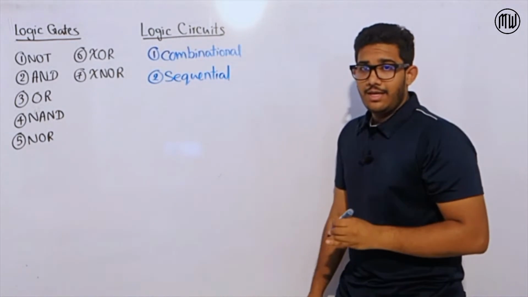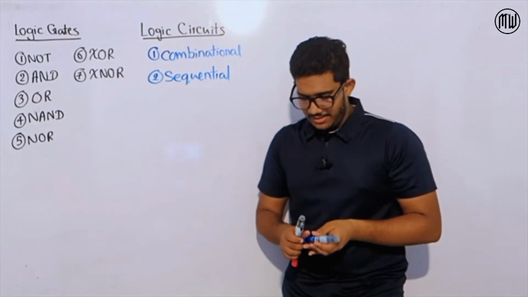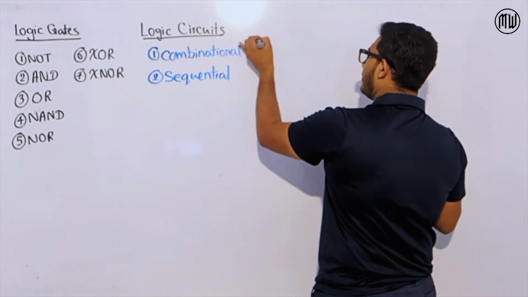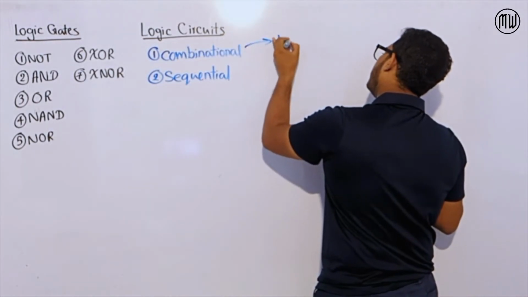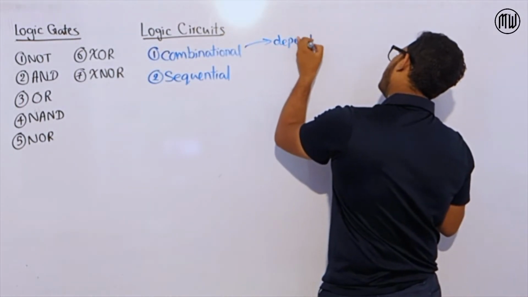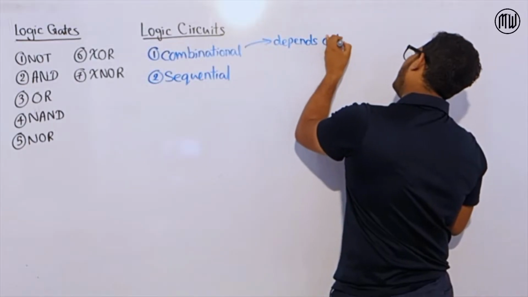A combinational circuit is a circuit that depends only on its inputs.